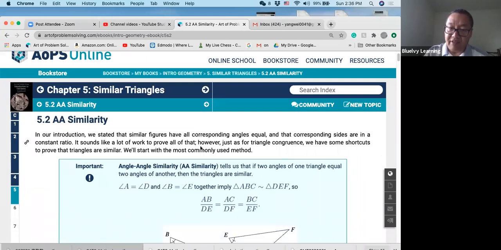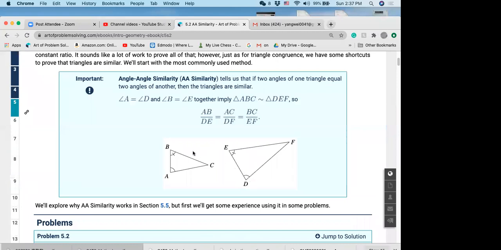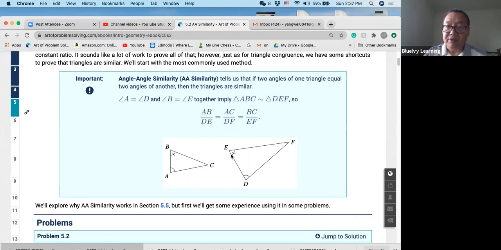Now let's say we have these two triangles, ABC and DEF. If we give you angle A equals angle D, and angle B equals angle E, then you can see the remaining angles, angle C and angle F, will also be congruent.